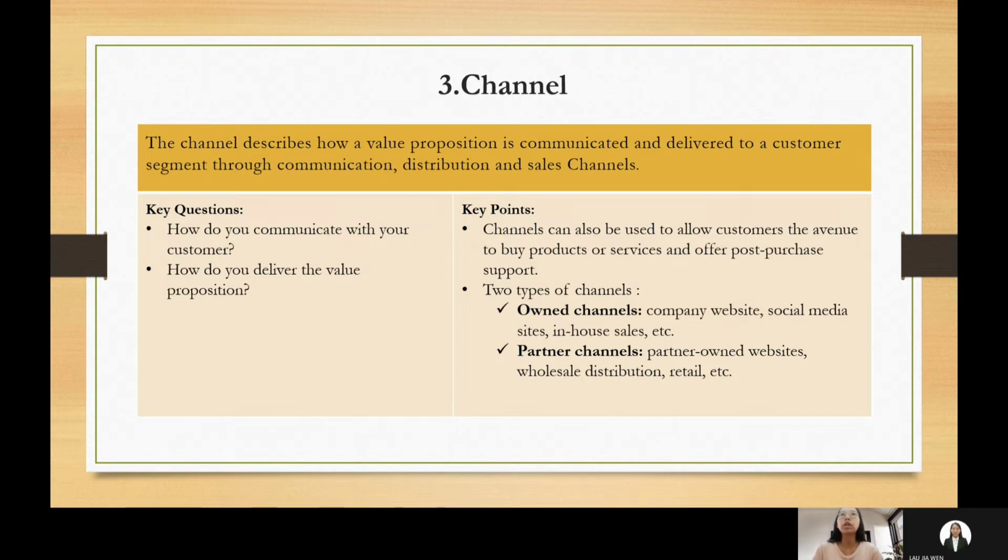The two types of channel are, first, own channels, such as the company website, social media site, and in-house sales, and secondly, the partner channel. Partner channels can be the partner's own website, also distribution and retail. The question can be asked is, how do you communicate with your customer and how do you deliver the value proposition to the customer?